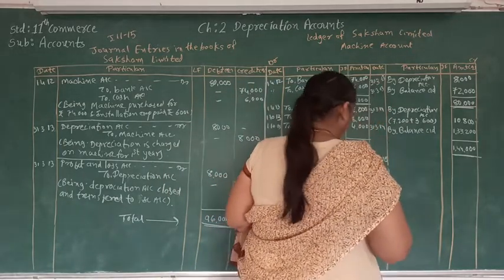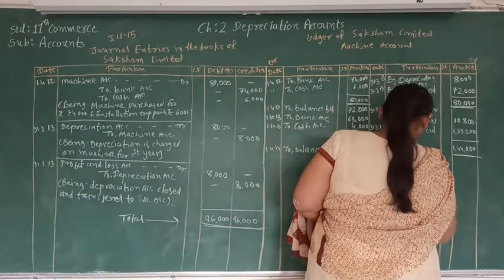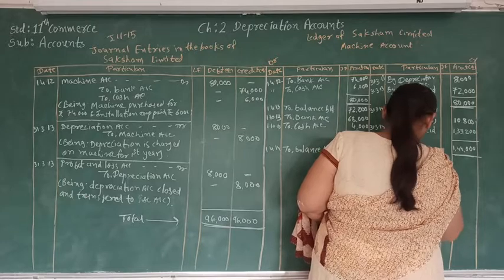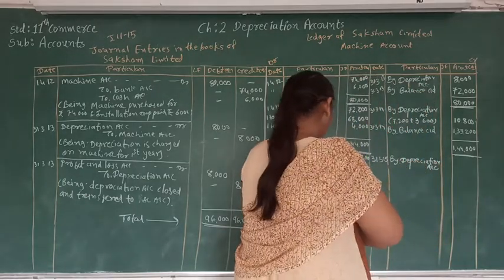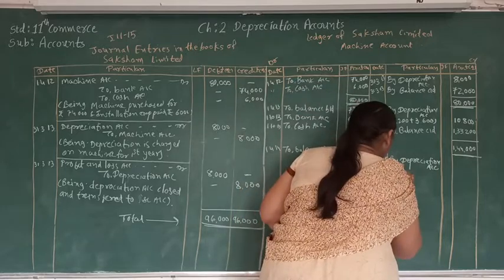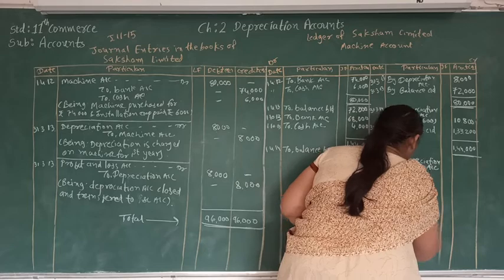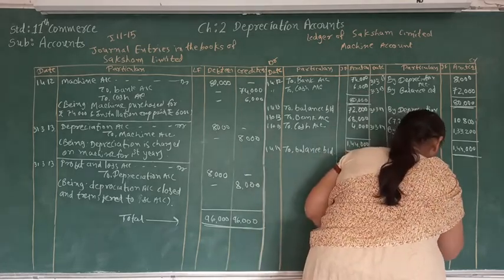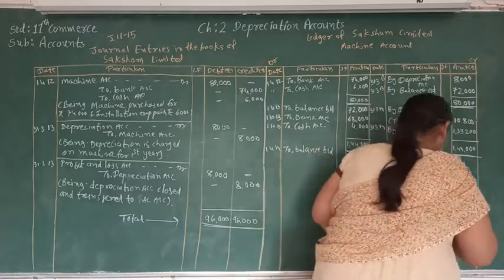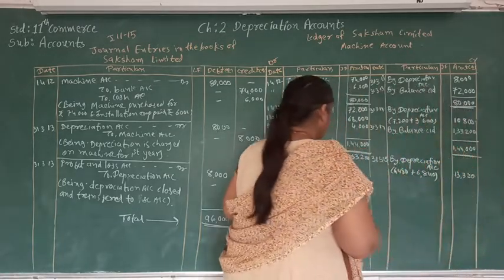Now at the end of the third year, that is on 31/3/15, by depreciation account, the total depreciation will be for the first machine 6,480 plus 6,840, so the total amount of depreciation will be 13,320.